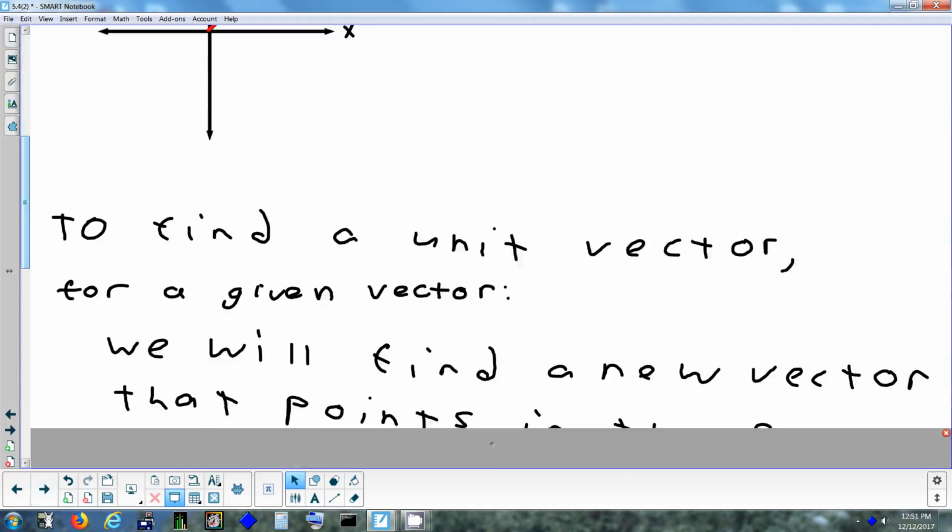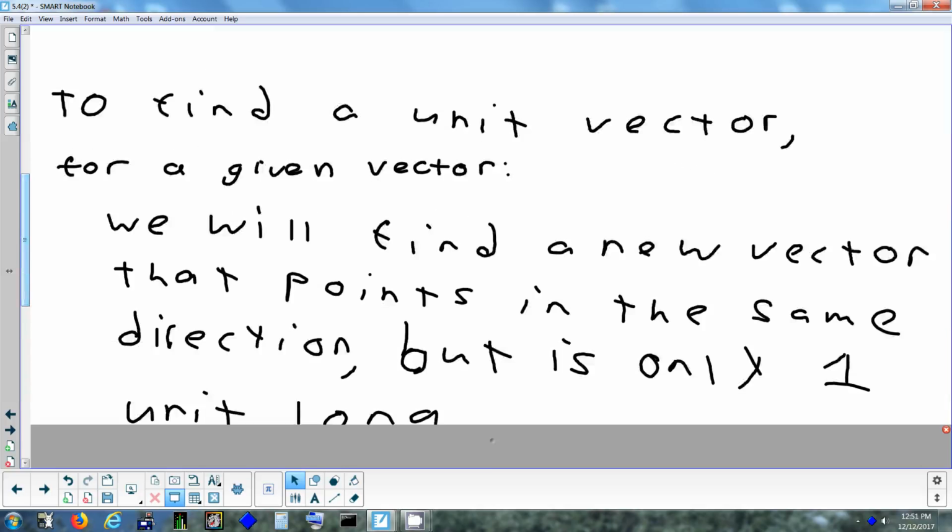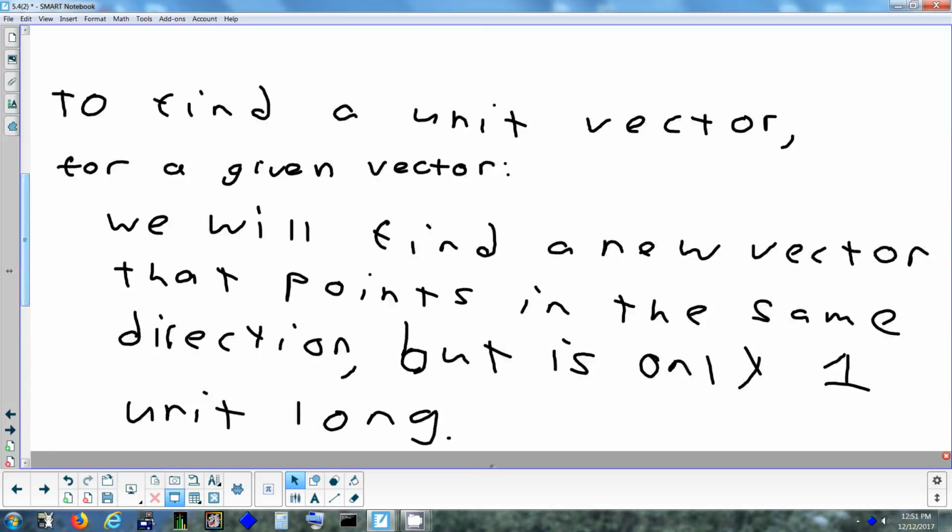So to find a unit vector, if they give you a vector that's not a unit vector, you're going to find a vector that points exactly the same way, except it's longer or shorter, whatever it needs to be to come out to 1 unit.